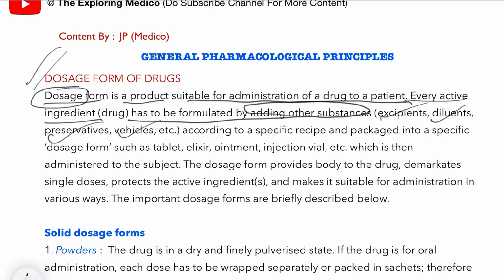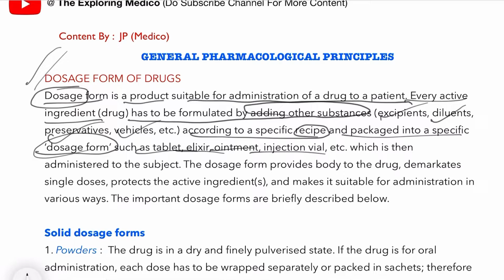Preservatives determine the conditions in which the drugs can be stored, and vehicles are a mode of transport. Diluents dilute according to a specific recipe and are packed into a specific dosage form such as tablet, elixir, ointment, or injection vial.